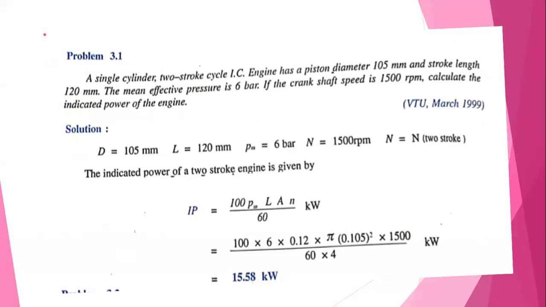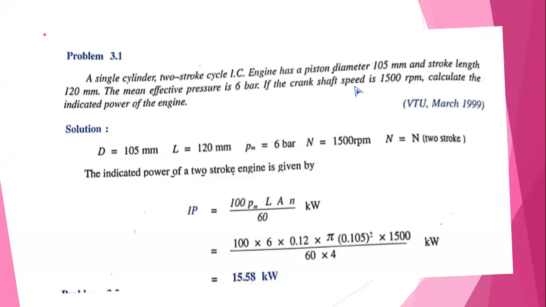All of you write down the problem. Problem number 1: a single cylinder, two-stroke cycle IC engine has a piston diameter of 105 millimeter and stroke length 120 millimeter. The mean effective pressure is 6 bar.